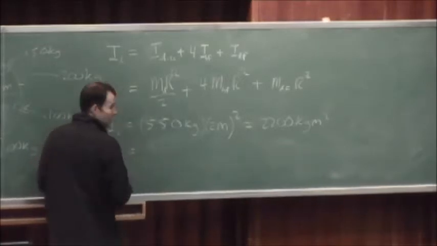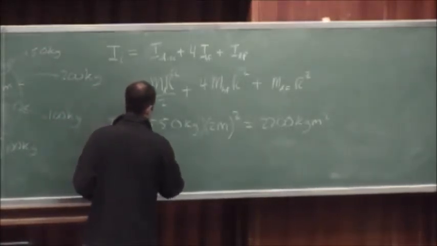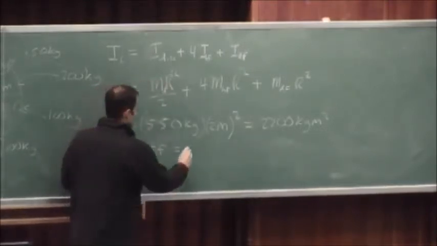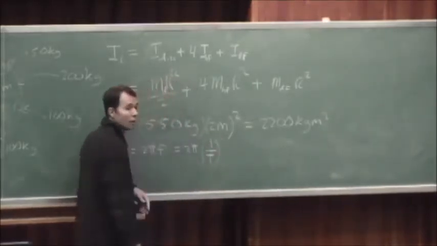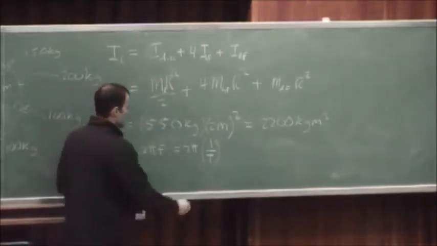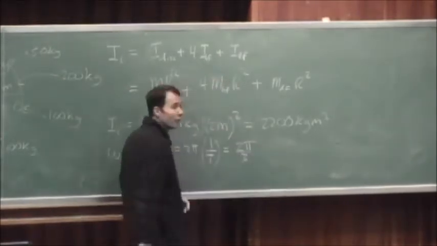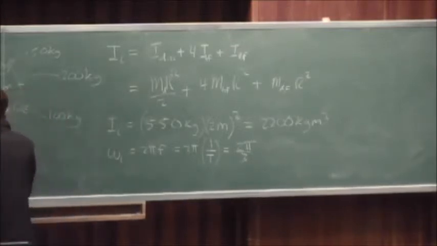Omega initial is equal to 2 pi times the frequency, and the frequency is just 1 over the period. We said the period was 3 seconds, and so we see that this is 2 pi over 3. All right.